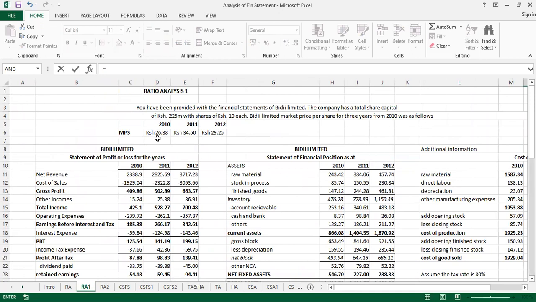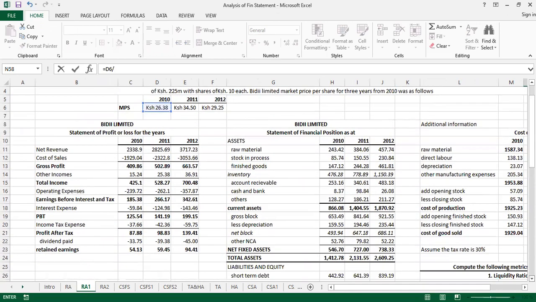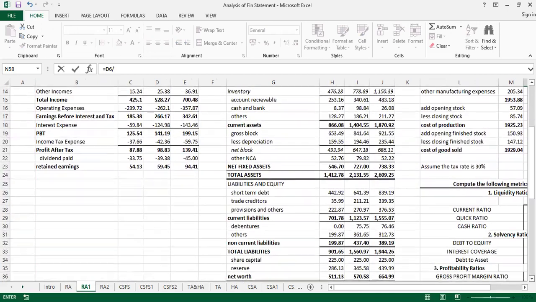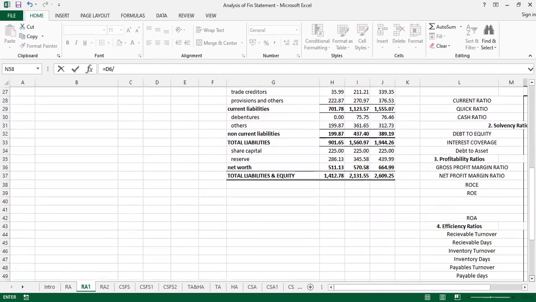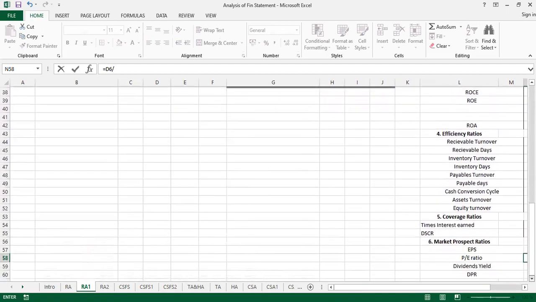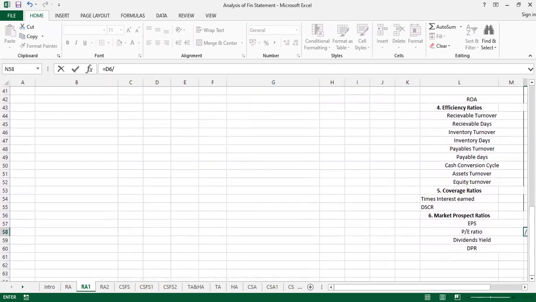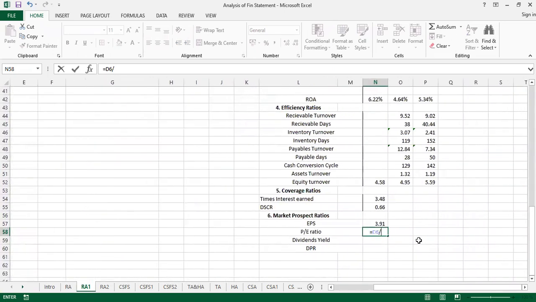So it's this one, the market price per share. So this one divided by our earnings per share, and our earnings per share we have just calculated here. This one up here, isn't it? Control enter. So that's our price earning ratio.